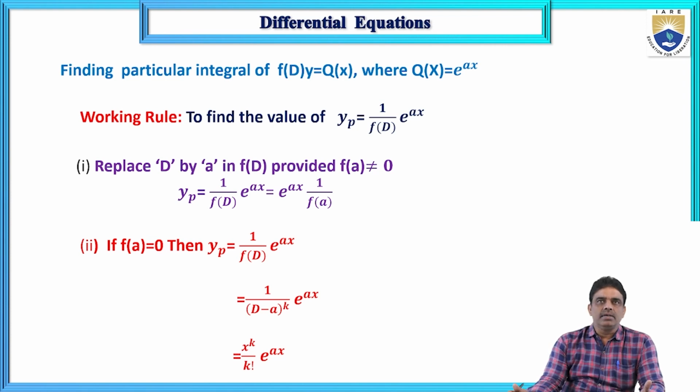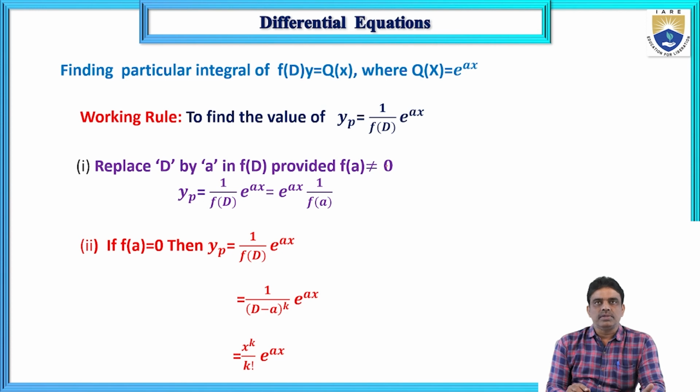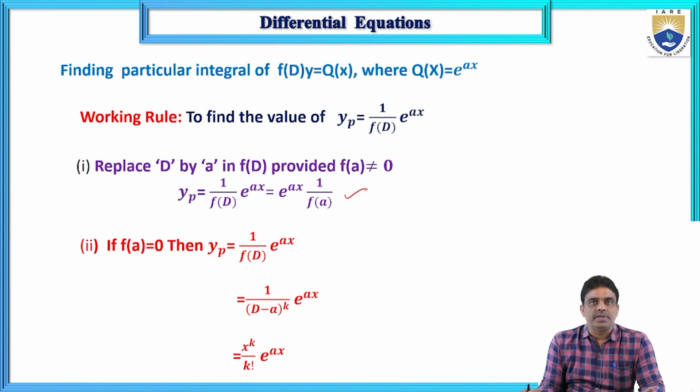To find yp, just replace D by a if f of a is not equal to 0. It is a very simple procedure. The working rule is to find the value of yp, 1 by f of D of e power ax: just replace D by a if f of a is not equal to 0. Then the value will become e power ax by f of a.